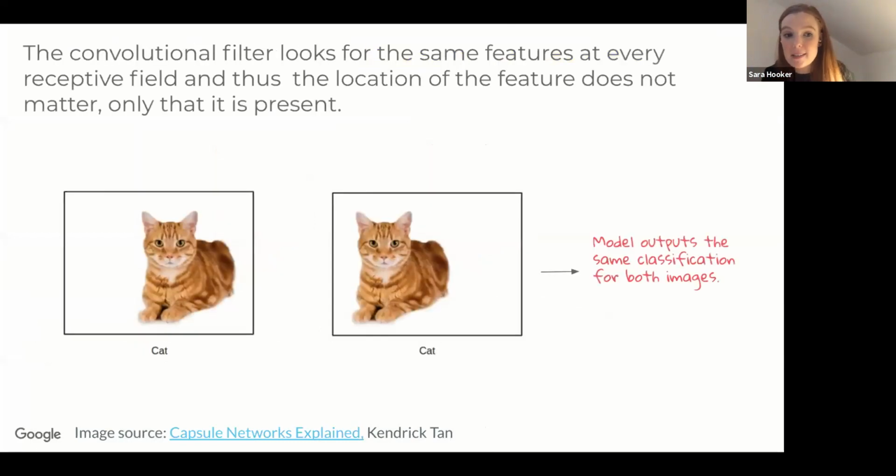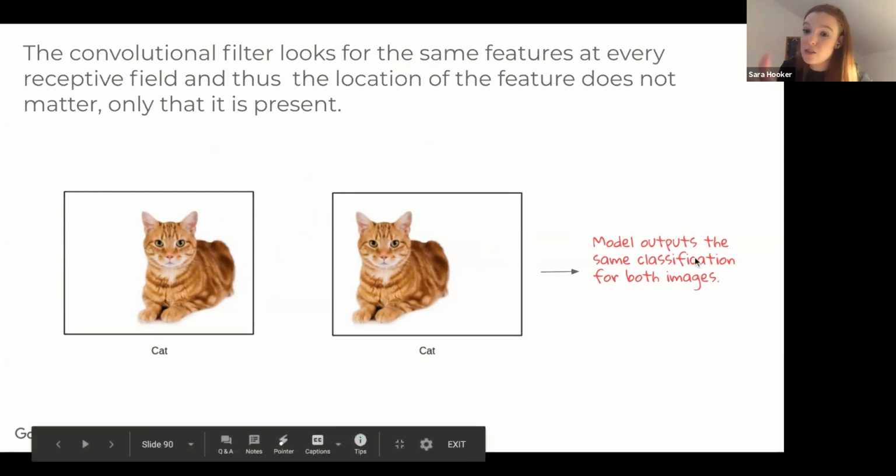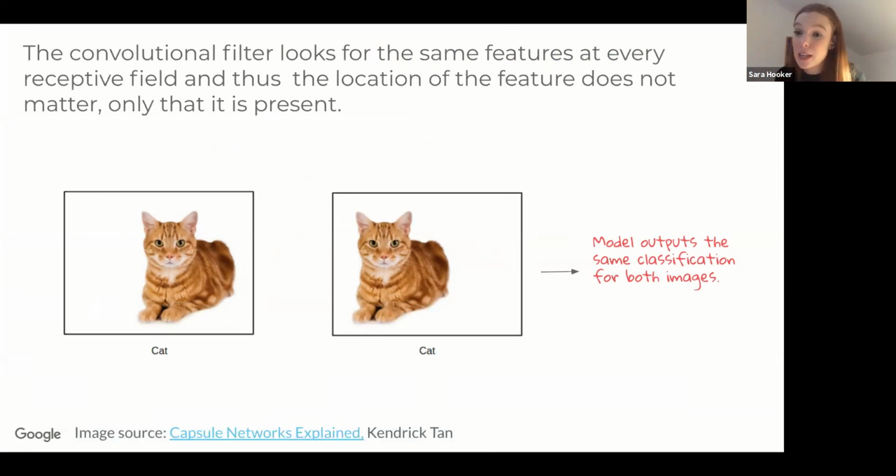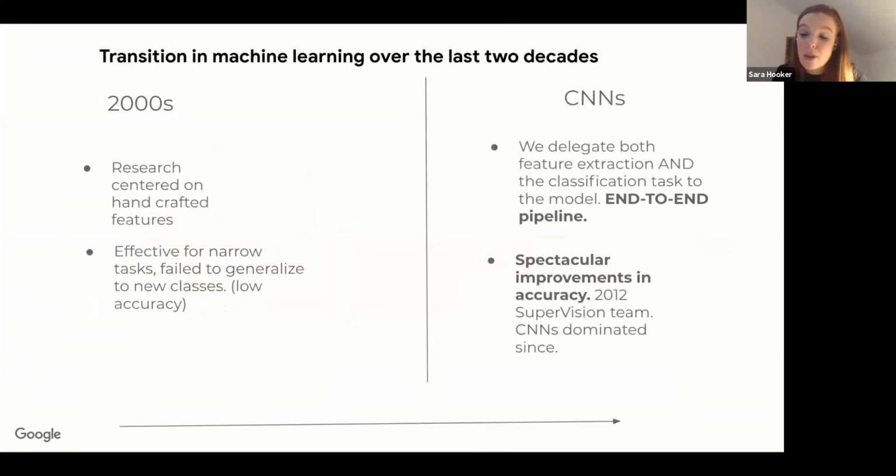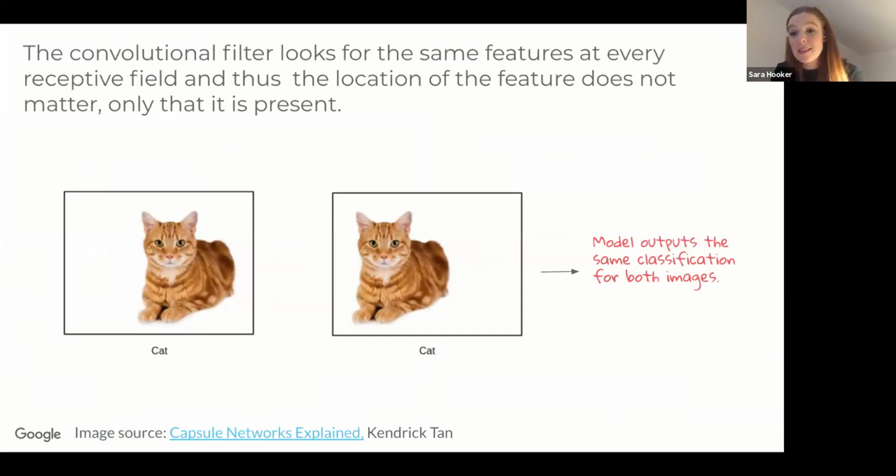What we find is that by having the filter essentially roll over our input frame, we're extracting the same feature at each point. Because of that, no matter where the cat is, the model learns to be extracting the same features. So it learns to be translation invariant. And this is a very important property. And the final thing, which I don't mention here, is this downsampling, this regressive downsampling.